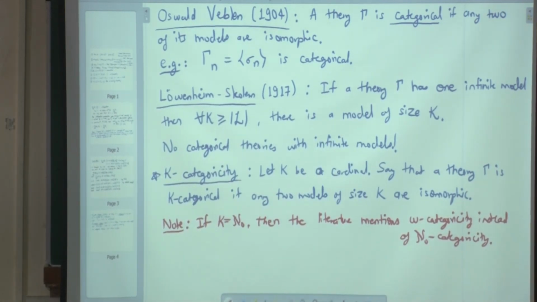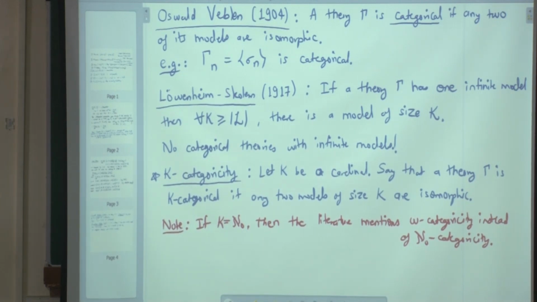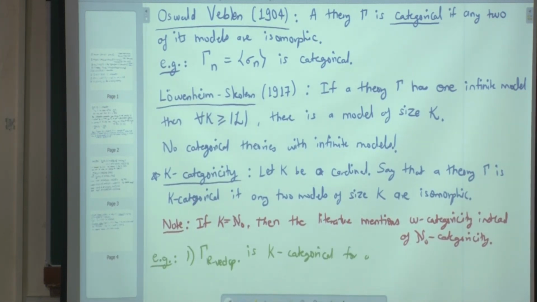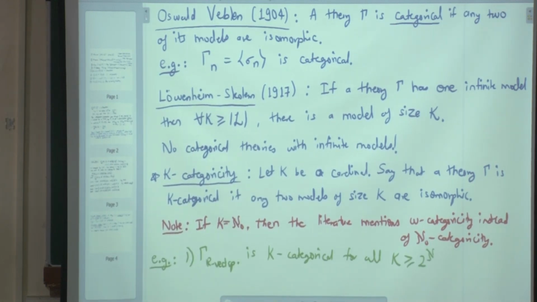Now, if we have defined something, then let us give an example. So, the first example is that the theory of R vector spaces is kappa categorical for all kappa bigger or equal to 2 to the aleph naught.